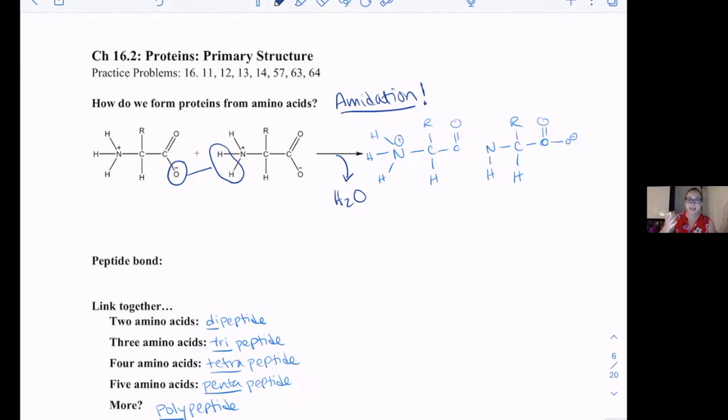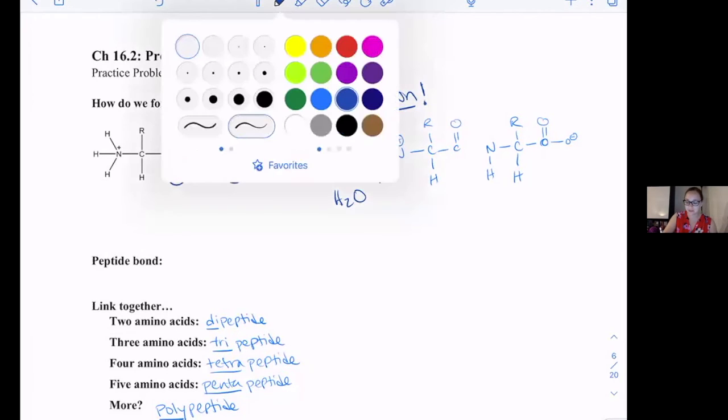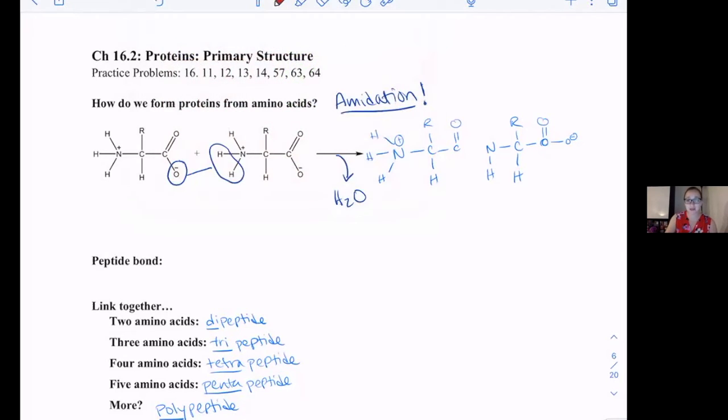Then we're taking bonds away from our nitrogen and our carbon double bond into our oxygen. So what that means is we're going to need to make a new bond where we're taking water away. We're going to be making a bond between the carbon and the nitrogen.